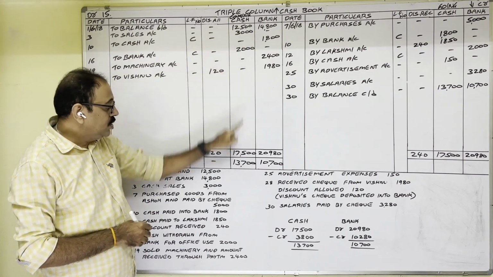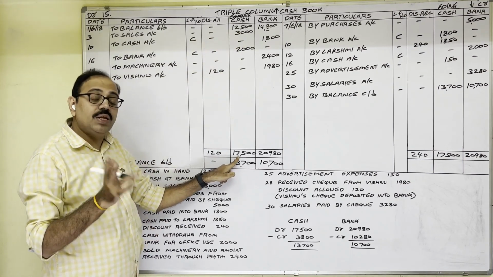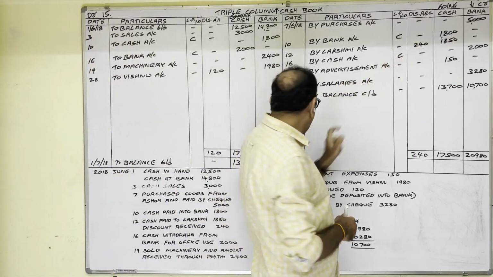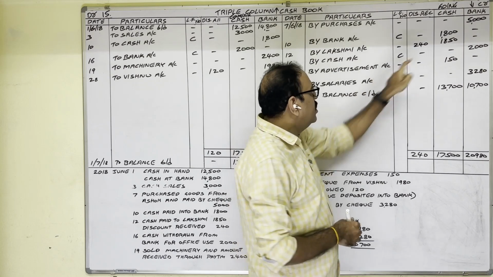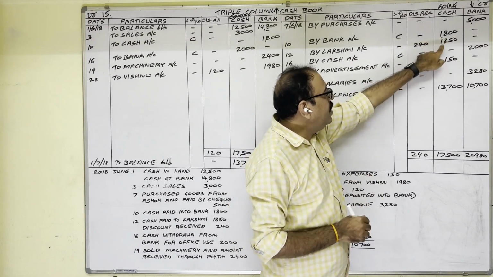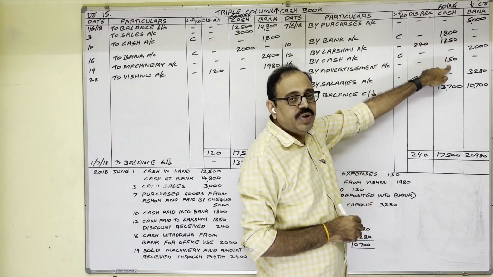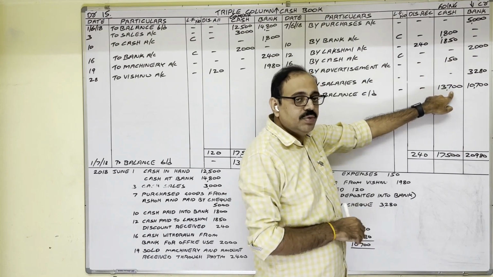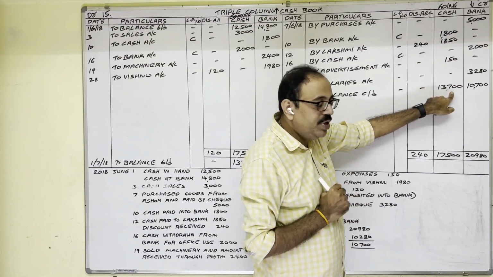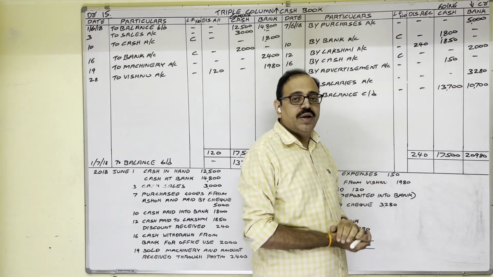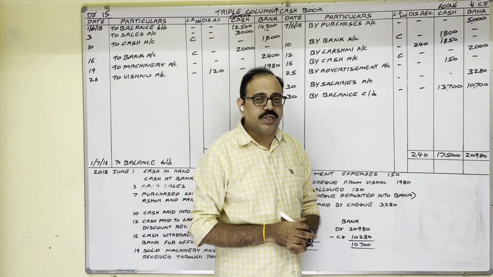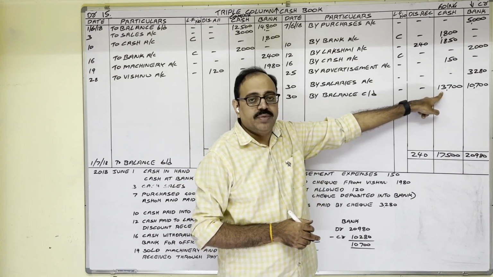In June month, the total receipts amount is 17,500. And in June month, from this 17,500, the firm paid 1,800, 1,850 and 150. So at the end of June month, how much cash balance should be with the firm? 13,700 as per accounts. So physically when we count the cash, the same amount should be there.